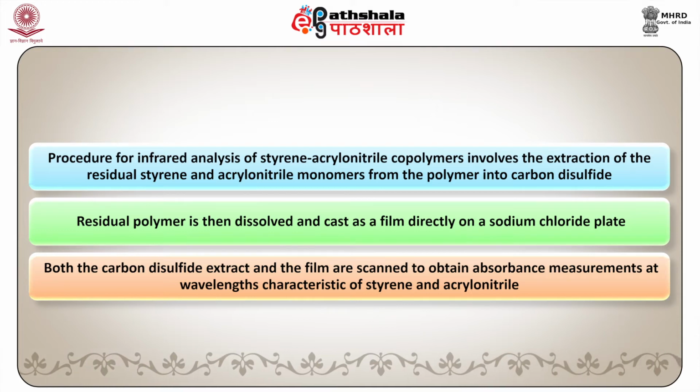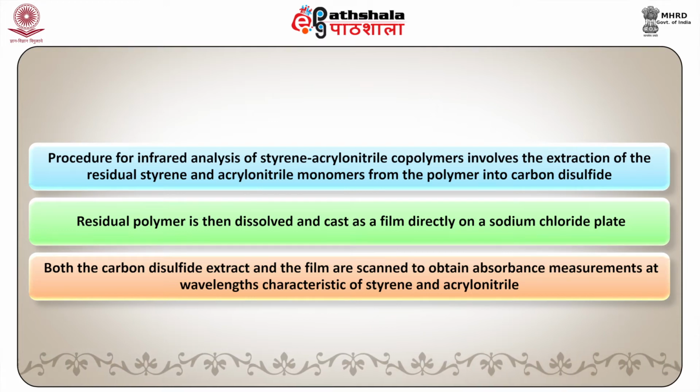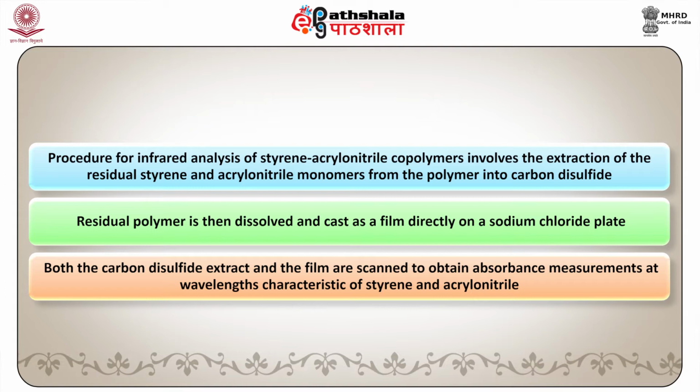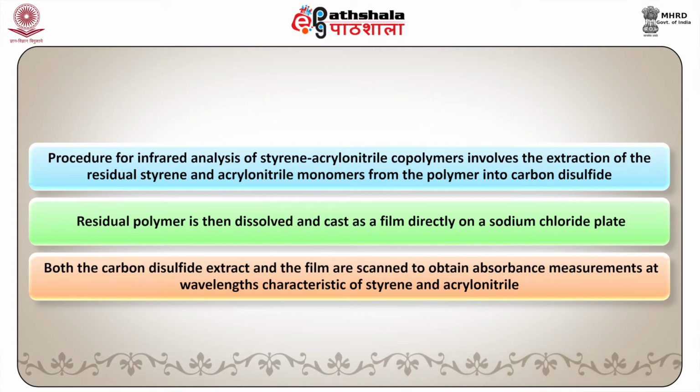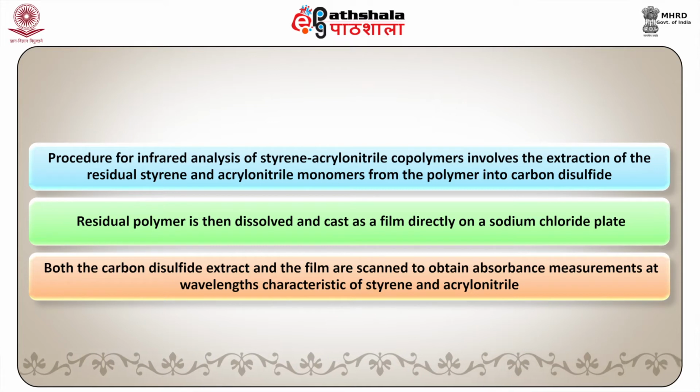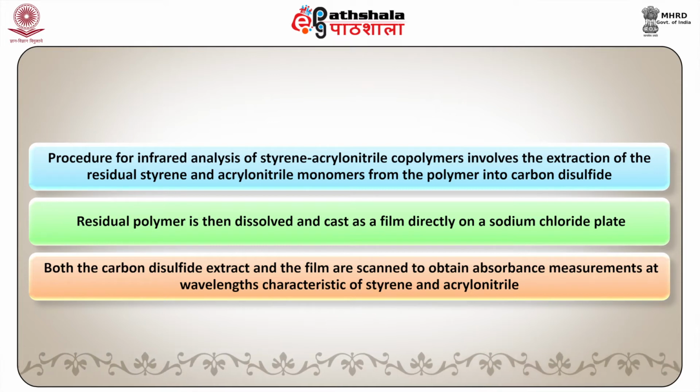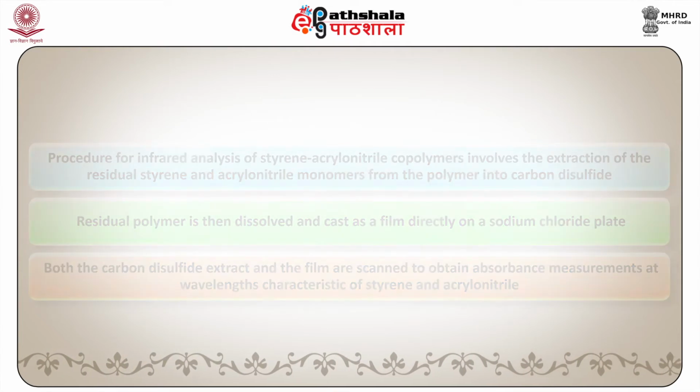Both the carbon disulfide extract and the film are scanned to obtain absorbance measurements at wavelengths characteristic of styrene and acrylonitrile. The sample absorbances are compared with those of standards of known concentration.